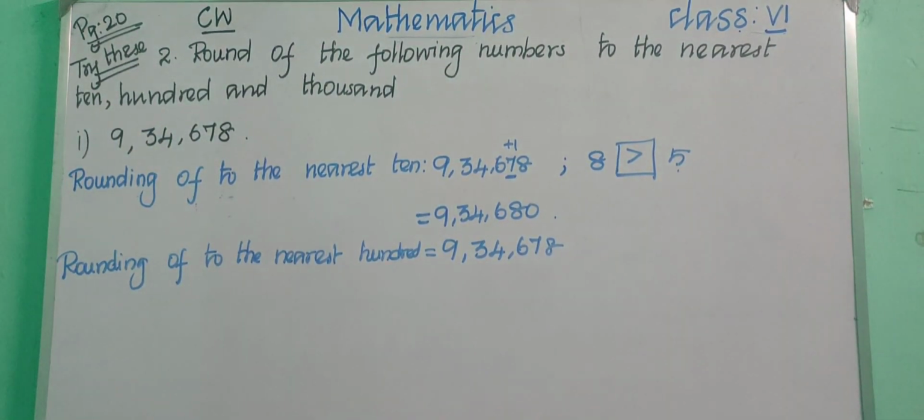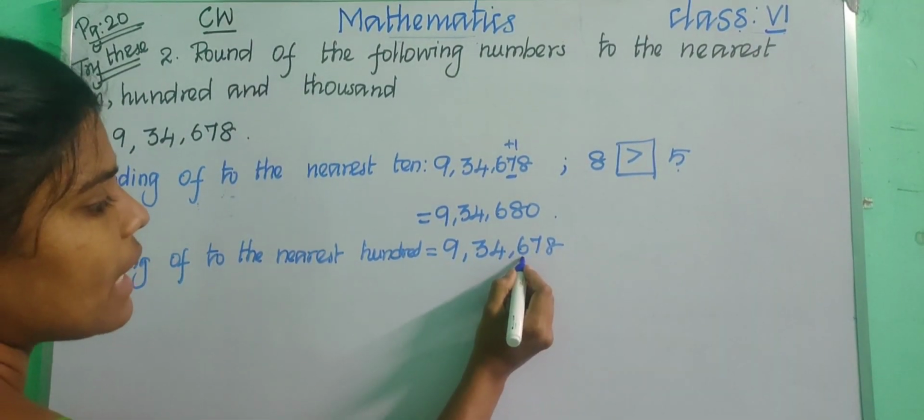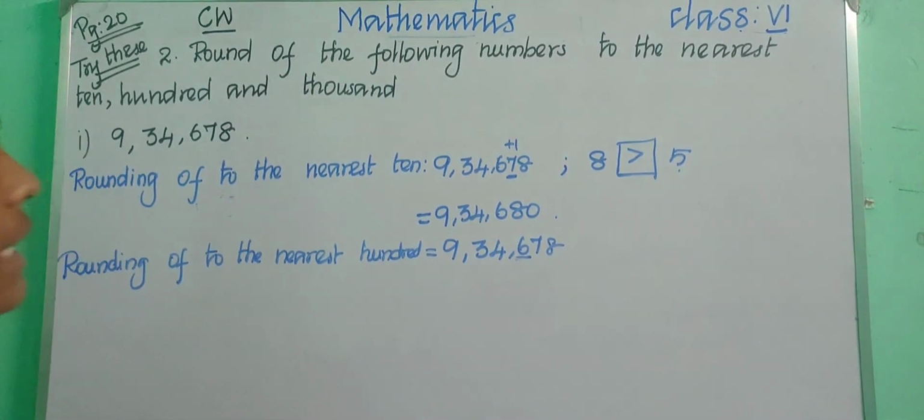The given number is 9,34,678, right? What we need to do is find the hundreds place. It's ones, tens and hundreds. This one is the hundreds place.